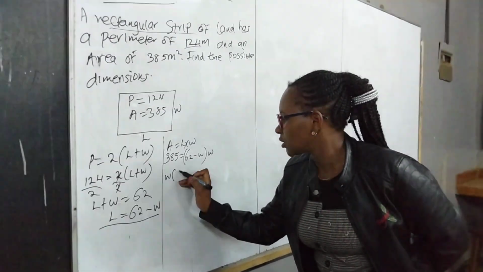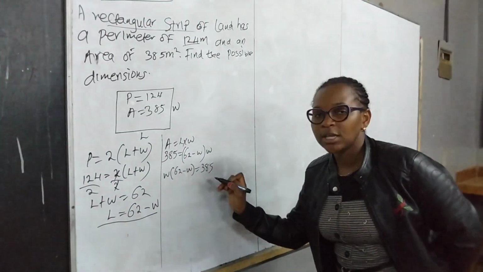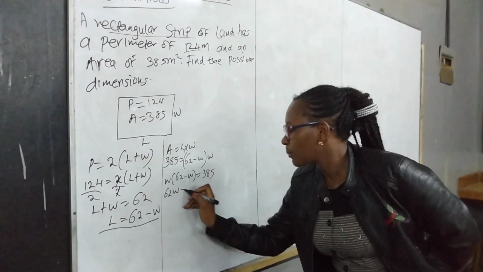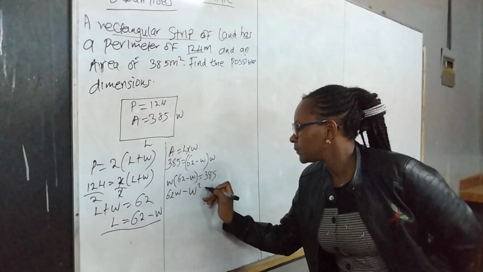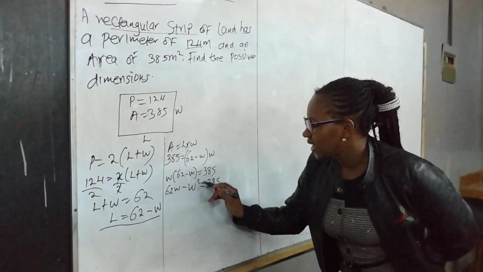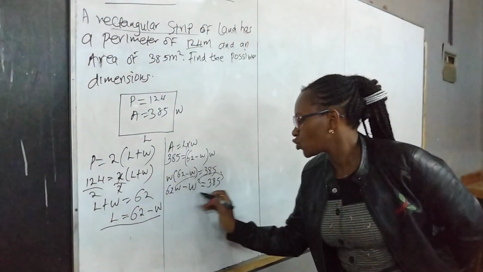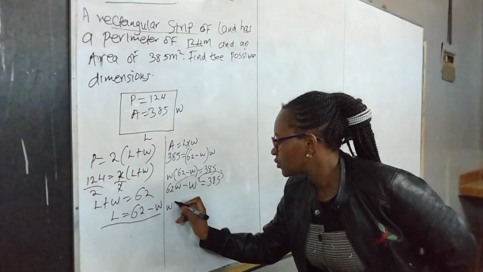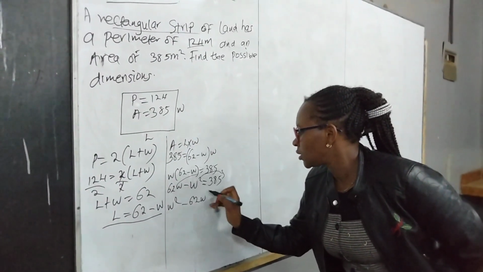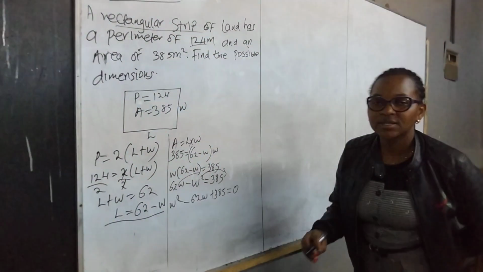So we have W into 62 minus W is equal to 385. We open the brackets: 62W minus W squared is equal to 385. We take everything to one side, so we have W squared minus 62W plus 385 is equal to 0.